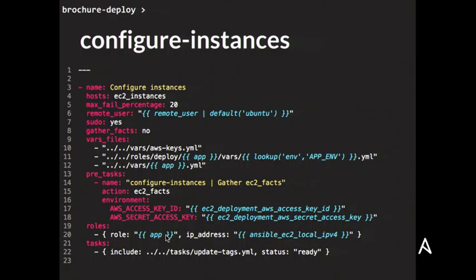But really, we're just going to be applying the brochure WordPress role to the EC2 instances. And then we're going to update their tags to say they're ready. So we use EC2 tags and ELB inclusion together to be able to determine at any time what the state of our VPC orchestration looks like.